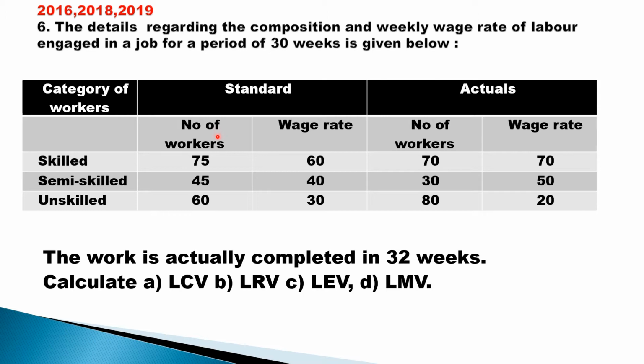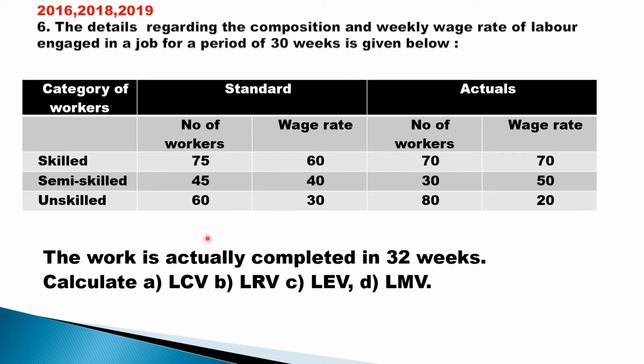So we have standard information like that, and actual also for unskilled workers. Then we have the wage rate, 60 rupees per hour, 40 rupees per hour, and 30 rupees per hour respectively for the three categories of workers. Similarly, the wage rate, actually we paid 70 rupees per hour, 50 rupees per hour, 20 rupees per hour.